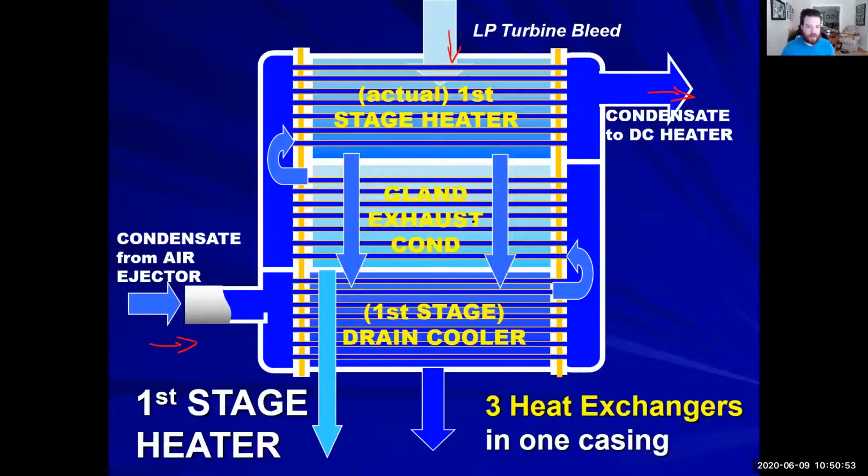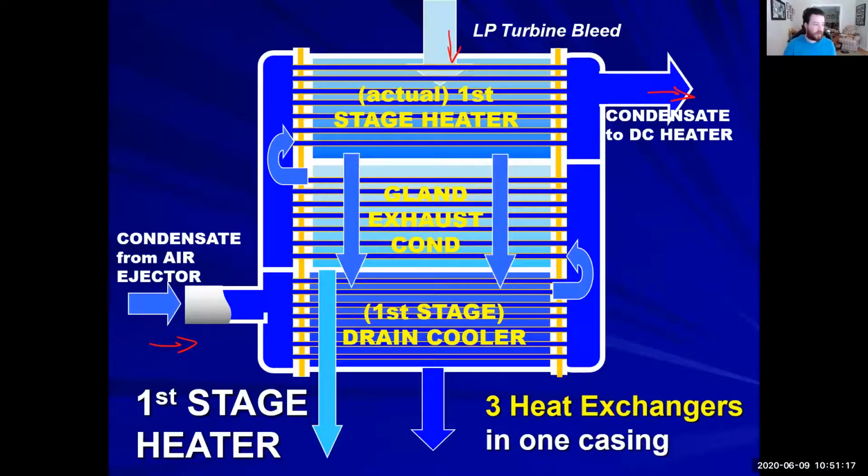You have your gland exhaust condenser. Never mind. And this is basically what you're doing. You're just trying to grab little pieces of heat from where you can in the system, and you're trying to stuff it into your condensate. That's all you're trying to do here.